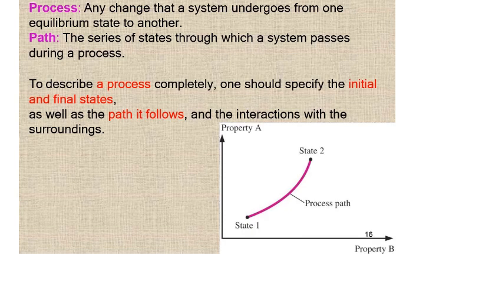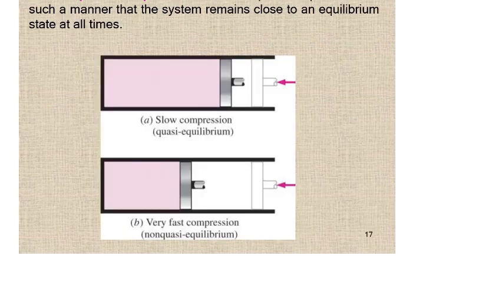The conversion from one state to another is called a process, and it requires a path. And what is a path? Path is the series of states through which a system passes during a process. When the final and initial states are the same, it is a cycle. In a quasi-equilibrium process, our system remains close to an equilibrium state all the time.